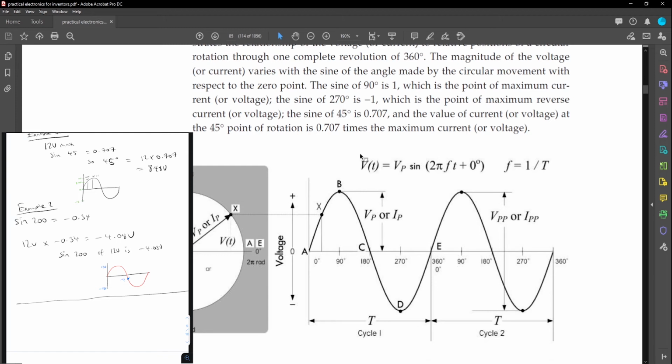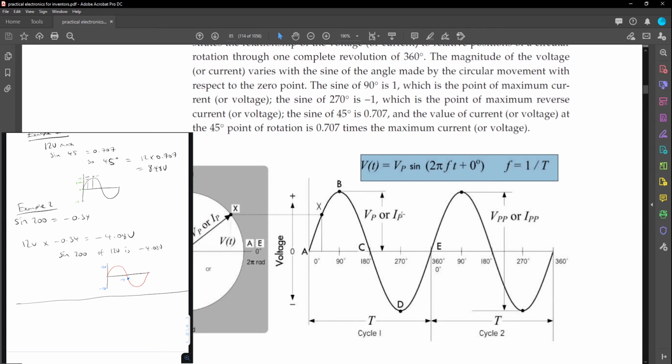Okay, so I don't really understand this formula here. Frequency is equal to 1 over time. I don't really get that. And then voltage time is equal to voltage P. Where'd you get voltage P from? What's this max? Is voltage P max?